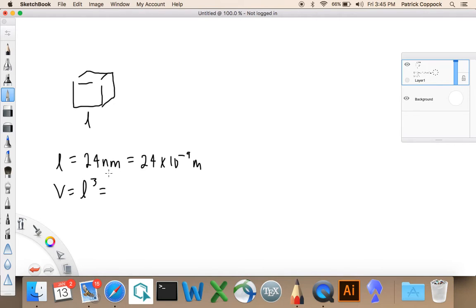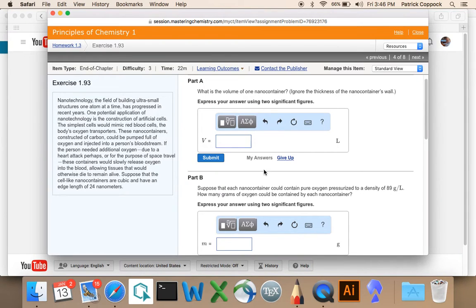That is 24, just a second here, clear. 24 cubed gives me 13,824 times 10 to the negative 9 times 3, because that's cubed, cubic meters. Was I supposed to give that in a particular unit?